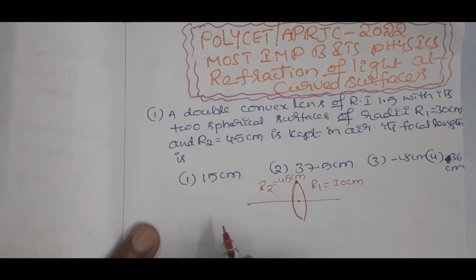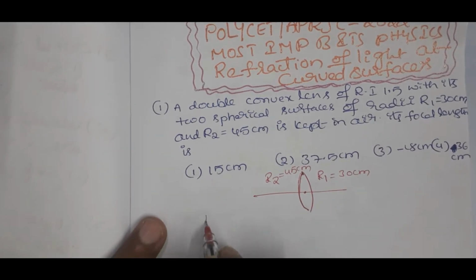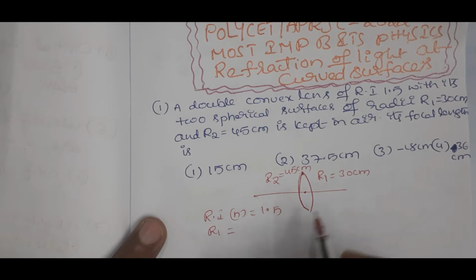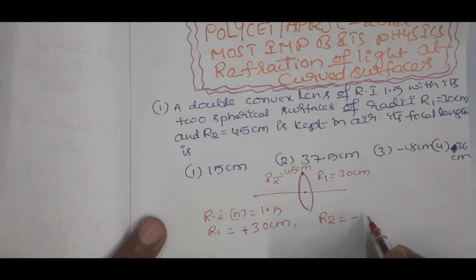So, solution: refractive index n is 1.5. From sign convention, r1 is plus 30 centimeter. R2 is given as 45 centimeter, and from the sign convention rule it is minus 45 centimeter.